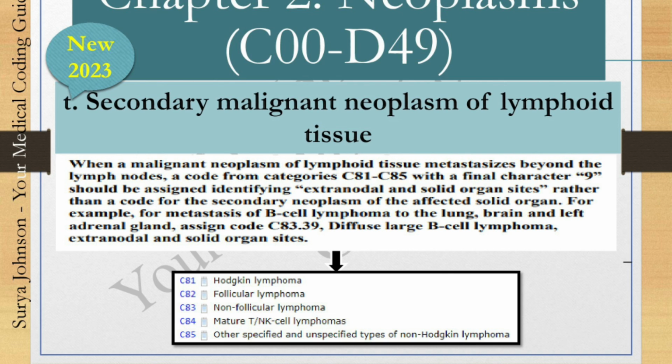Instead of going for the secondary neoplasm of the lung, brain and left adrenal gland, you should code C83.39, which mentions the secondary malignant neoplasm of the lymphoid tissue, to differentiate and identify. This new guideline has been started.